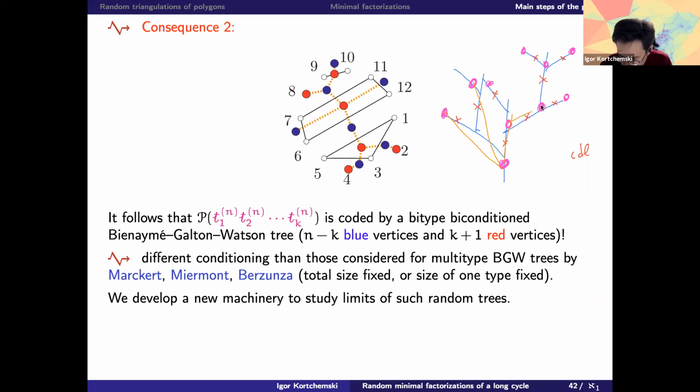So you get this. You look at how the components are glued with each other, and essentially, the tree you get, its Lukasiewicz path is the Lévy process from before. So each component corresponds to a jump in the Lévy process.